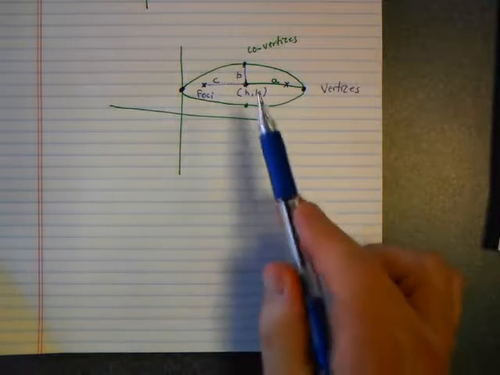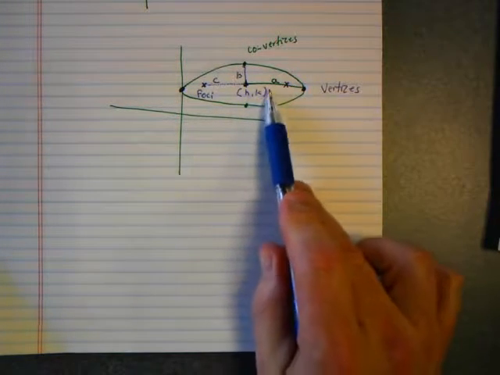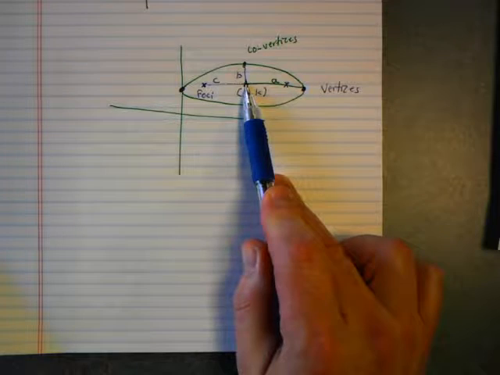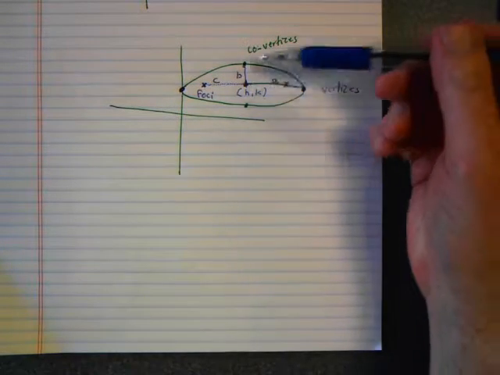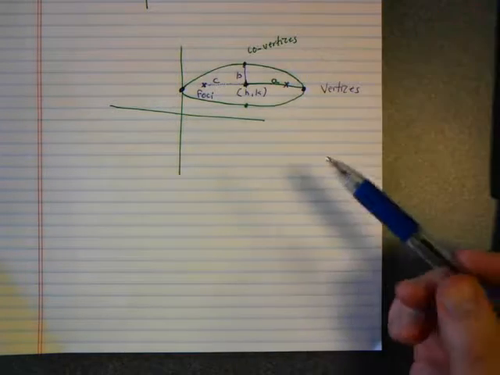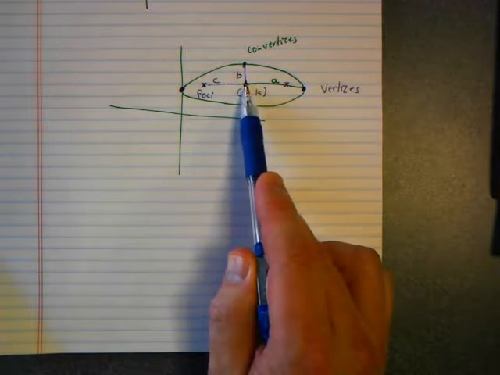We have H and K, which gives us the center. We have A, which is center to vertex. We have B, which is center to co-vertex. And finally, we have C, which is center to focus.